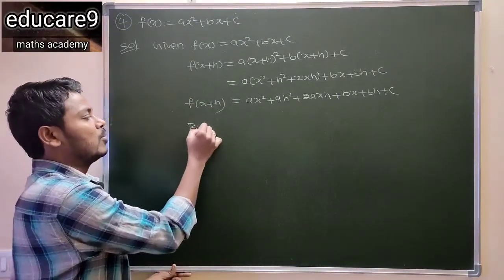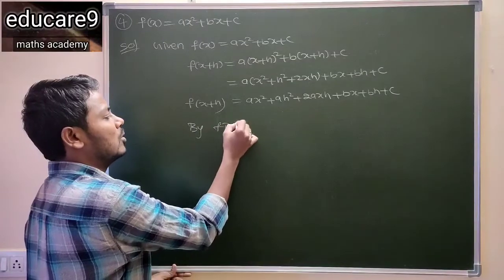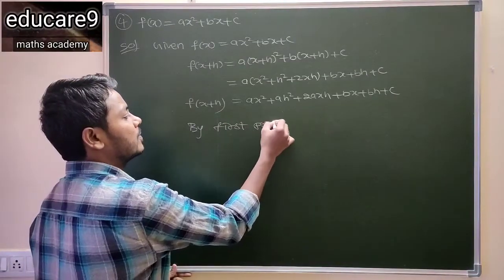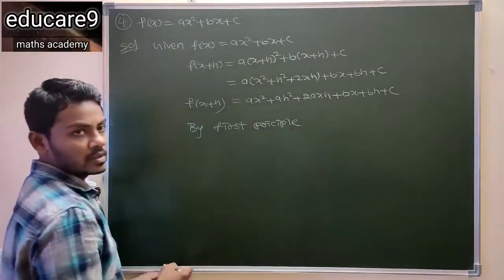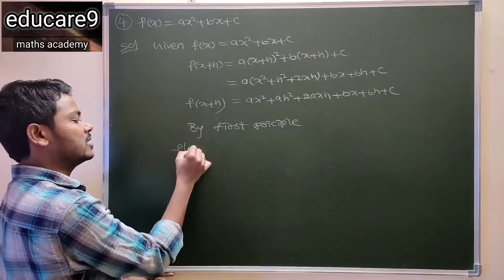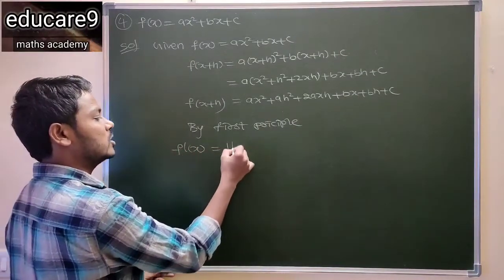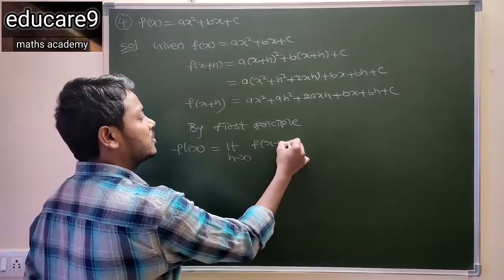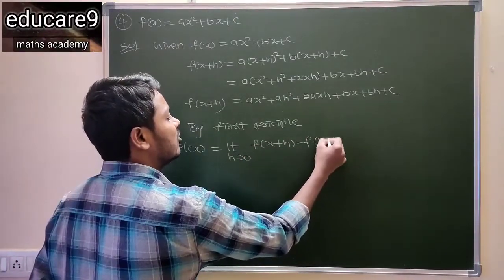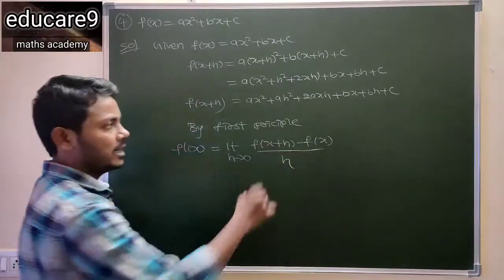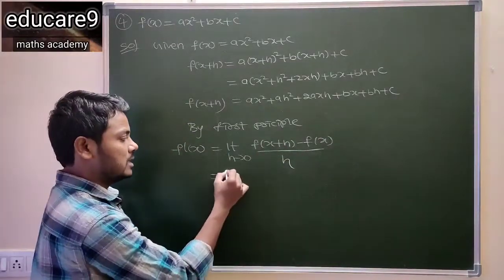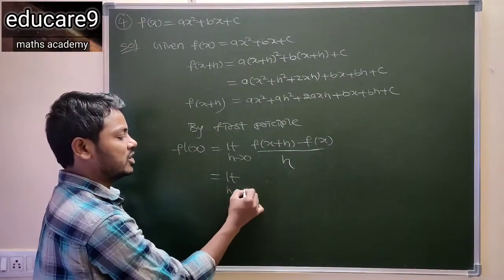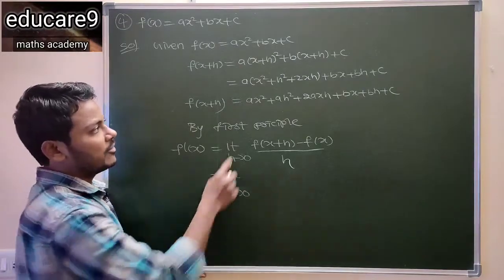Now by first principle, f dash of x is equal to limit h tends to 0, f of x plus h minus f of x by h. So this is limit h tends to 0. What is f of x plus h?